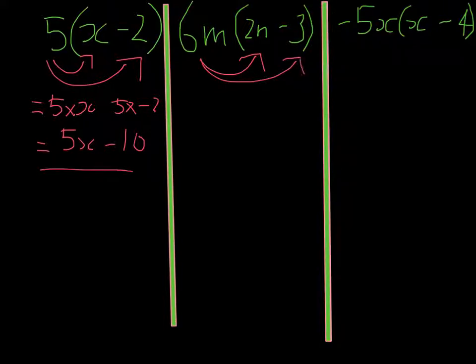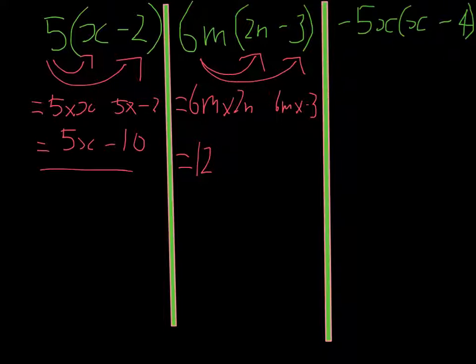Same thing for the next one. Everything outside the brackets by what's inside the brackets. So 6m times 2n, and then 6m times negative 3. Excuse my small writing. So 6m times 2n, so 6 times 2 is 12.